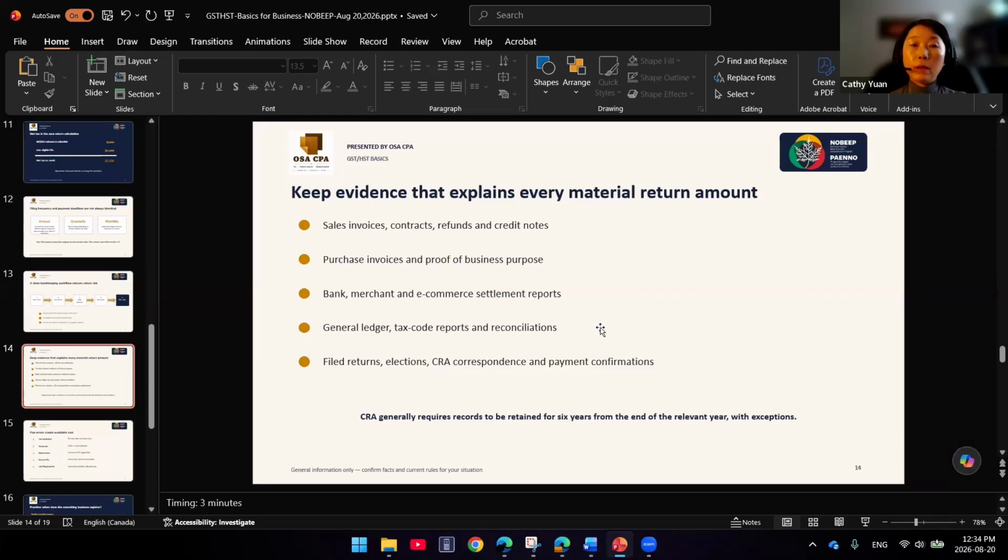It's very, very, very important. Or bank or credit card records. You said you paid a lot of money to buy tools, equipment or services. How do you certify you paid? You cannot say, "Oh, I paid by cash."